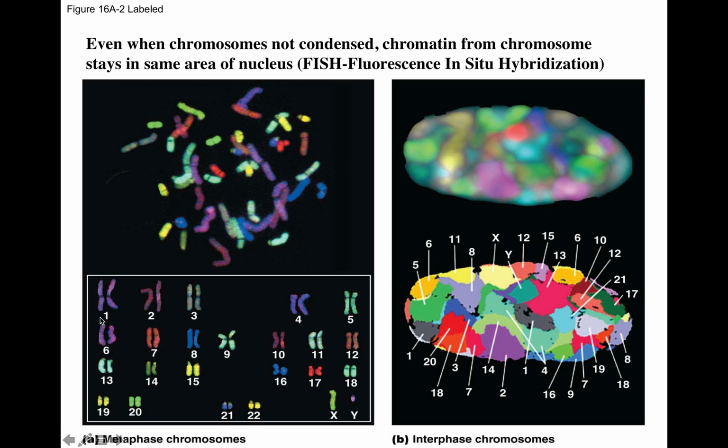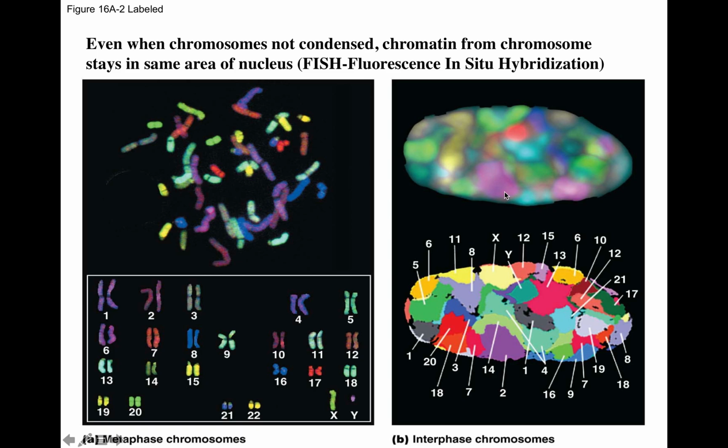So it's the first number 1 chromosome, pair it with the second number 1 chromosome, even though they might be on different parts of the original smear. So this is computer generated. They're not all lined up like this in real life. But these are chromosomes when they're condensed and the cell is getting ready to divide.